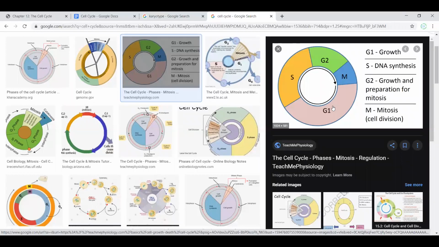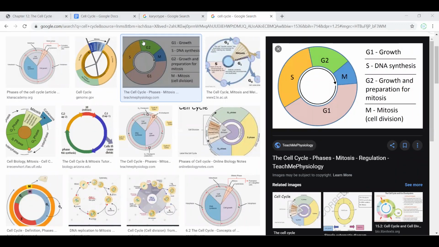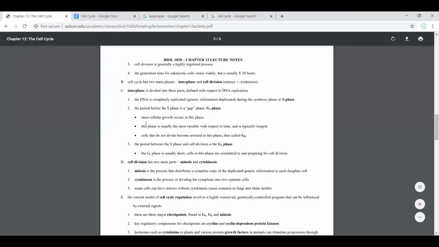So that is what interphase is. And then our final phase of the cycle is mitosis. And then at the end of mitosis, we'll have cytokinesis. So let's go back here. Remember that we said we had the G1 phase before the DNA is replicated. Cellular growth occurs in this phase.